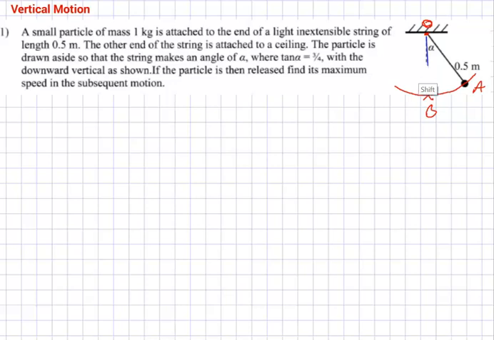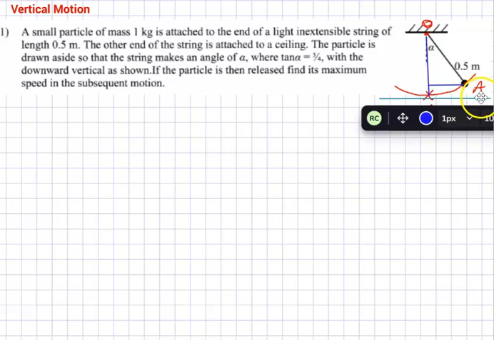Just draw a line from O to B, and let's draw a horizontal line from A. So that radius is broken down into two separate parts. That didn't really work, did it? Didn't quite get it in the right position, but anyway, can I move it so it's in the right position?